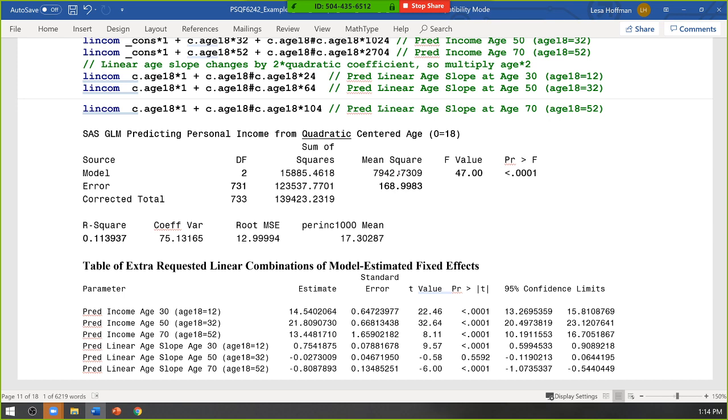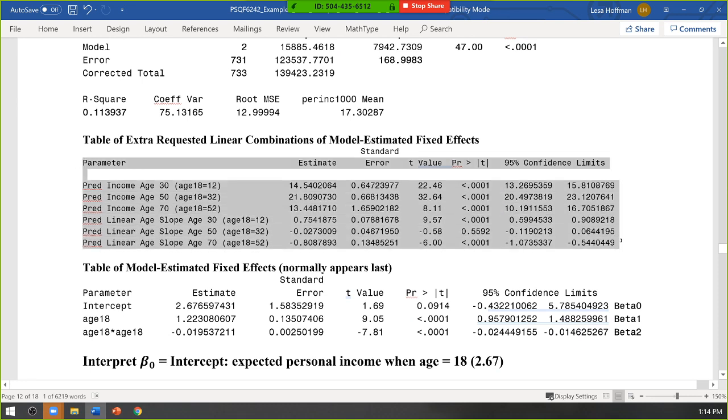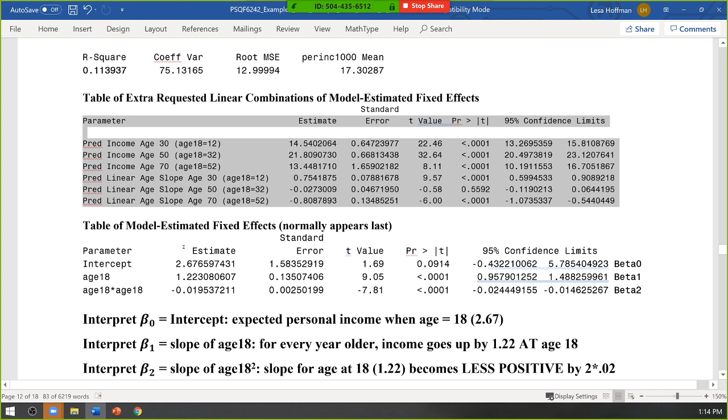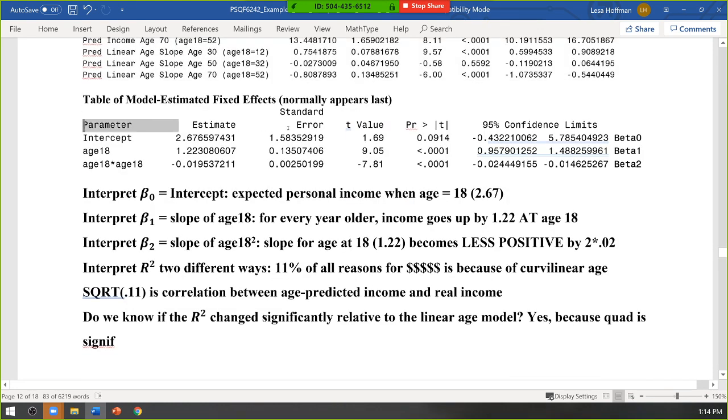Okay, then let's look at the output. So the extra stuff that I asked for in the estimate statements, the predicted income at various ages and the predicted linear slope at various ages is here. Here's the part that you would get and that you would need to do your homework. These are the fixed effects in the model. There's 3.